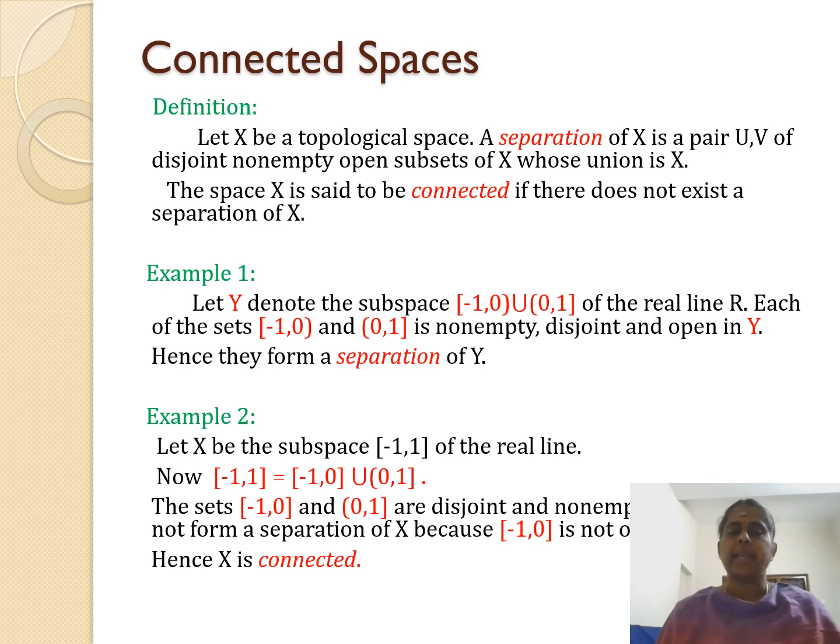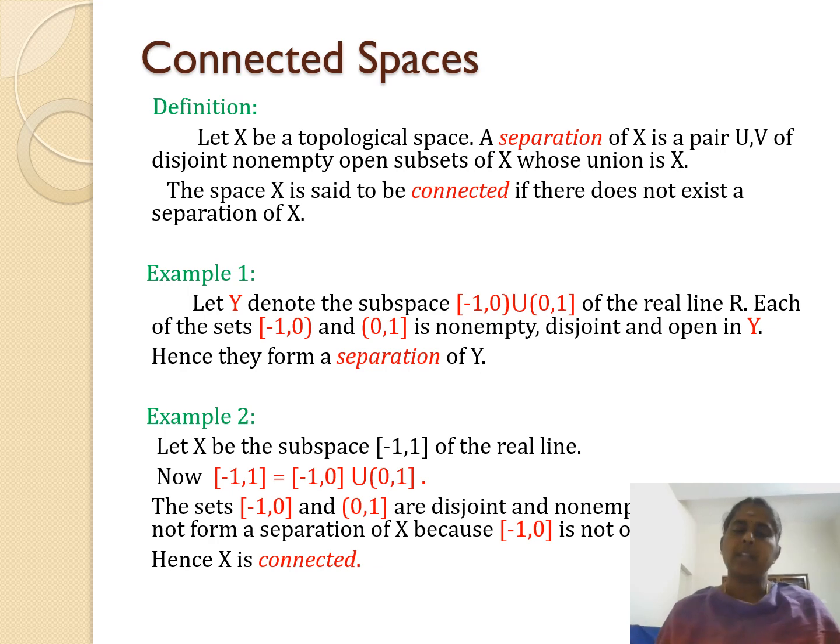Here X cannot be expressed as the union of two disjoint non-empty open sets. Hence we can say the closed interval [-1, 1] is connected because it cannot be expressed as the union of disjoint open intervals.